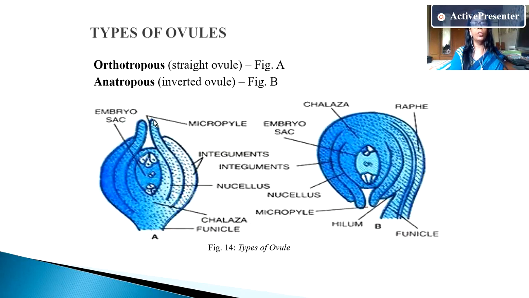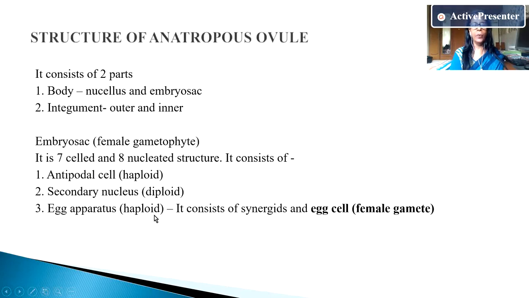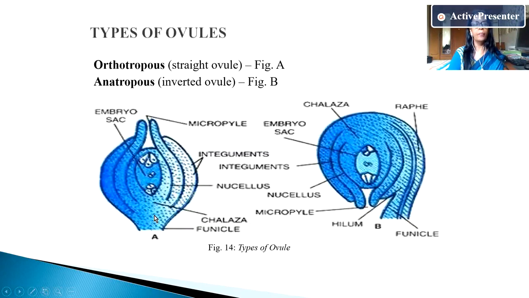This is the orthotropous ovule, straight ovule. In this case, see the micropyle, that is the top of the ovule, and chalaza and funicle. They are in a straight line. So these all 3 parts are in a straight line. It is known as straight ovule or orthotropous ovule.